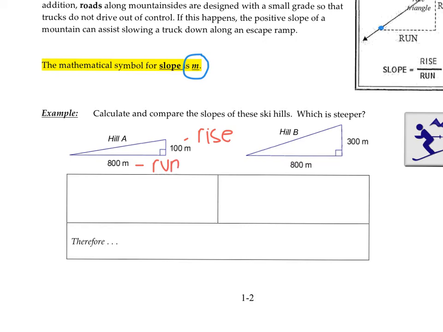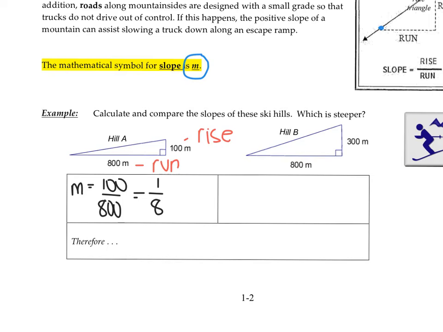So now when I want to calculate my slope, I'm just going to put the rise of 100 over the run of 800. Now that's a really big number. It's kind of messy. I'm going to simplify my fraction. I can divide my numerator and denominator by 100 to get 1 over 8.